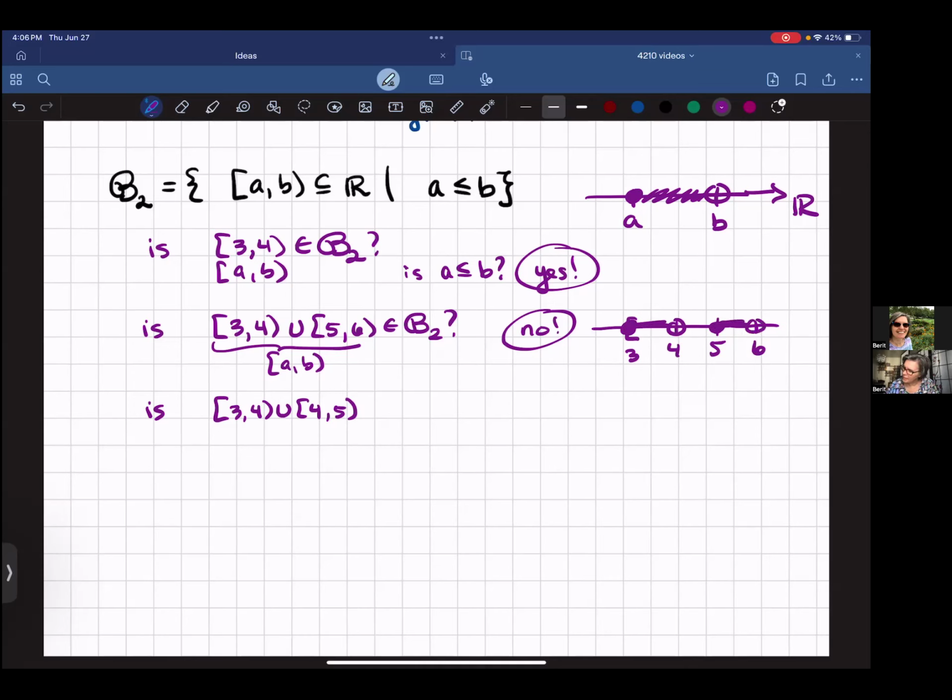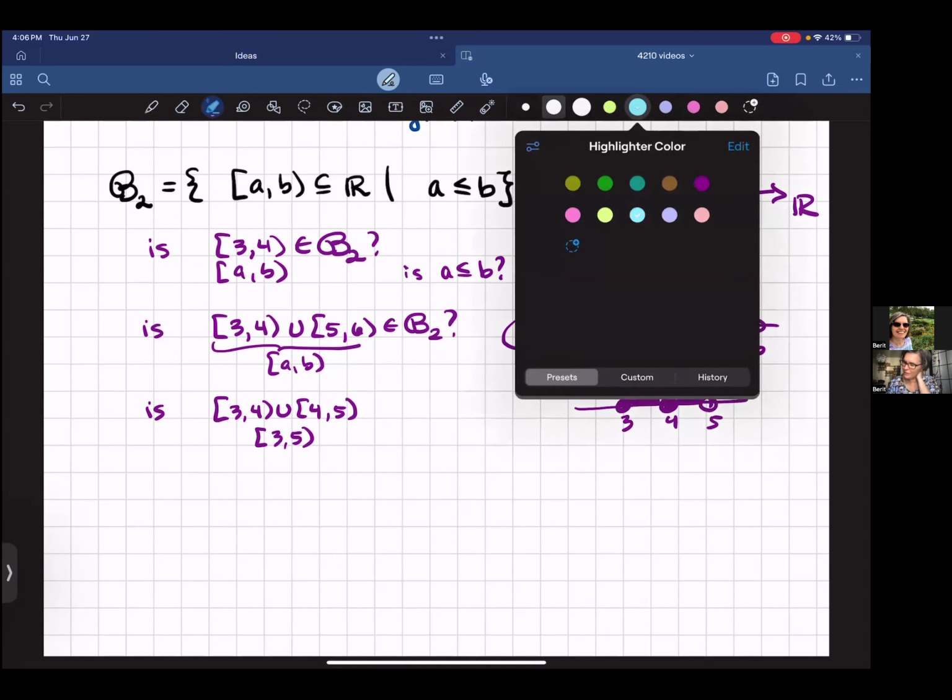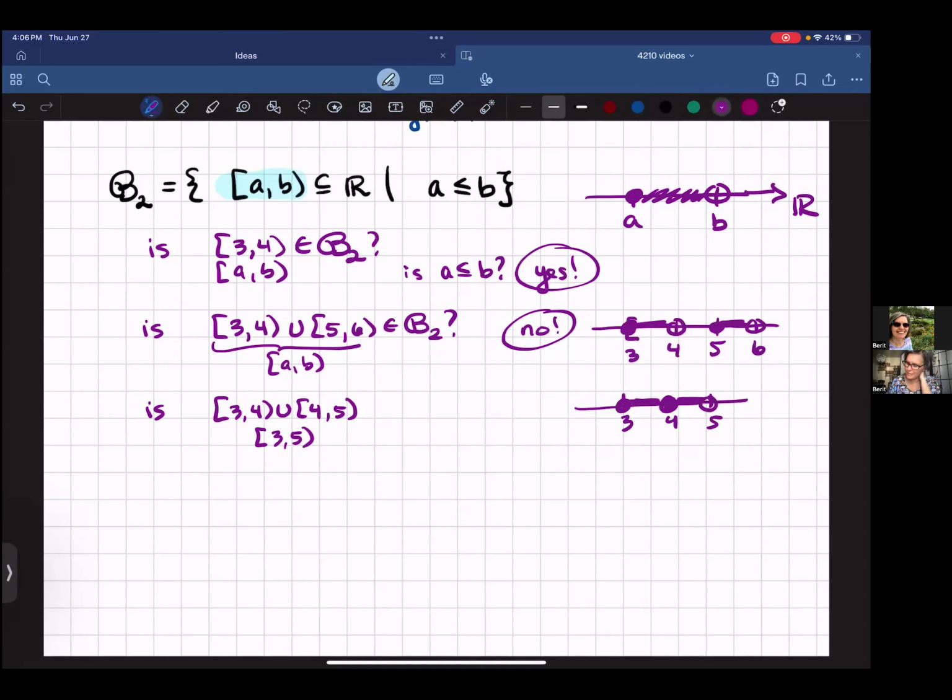And then this one looks like solid circle at 3, open circle at 4, unioned with solid circle at 4, open circle at 5. So it turns out that this one can actually be simplified to look like [3, 5). So it can be rewritten to match the form that we're expecting, the form that all of these sets have to have. And is A less than or equal to B? Yes.